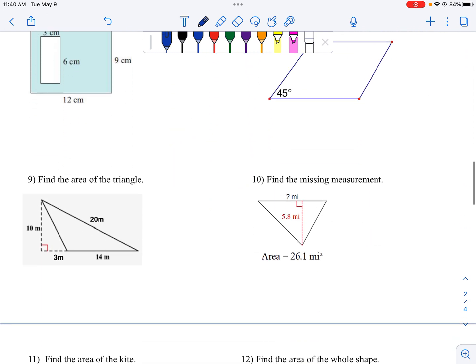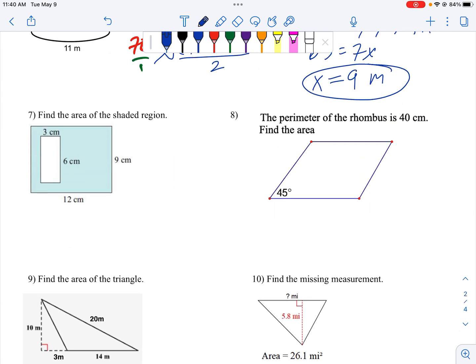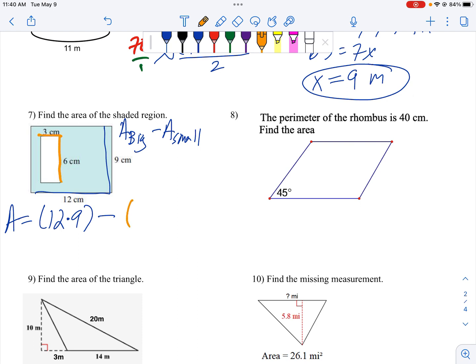All right, I got what, 4 more? Easy peasy lemon squeezy. Find the area of the shaded region. I got to do the area of the outer shape minus the area of the inner shape. So I have to do the big rectangle minus the small rectangle. Well, the area of the big rectangle, base times height, will be 12 times 9 minus the area of the smaller one, which is base times height, 3 times 6.